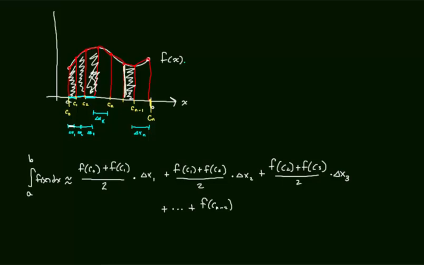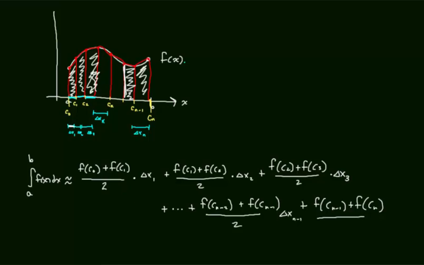Then I need plus f of c sub n minus 1, divided by 2, times change in x of the (n minus 1)th interval, plus, now finally, the last trapezoid, the last guy here, is going to be f of c sub n minus 1 plus f of c sub n, all over 2, times change in x of the nth interval.